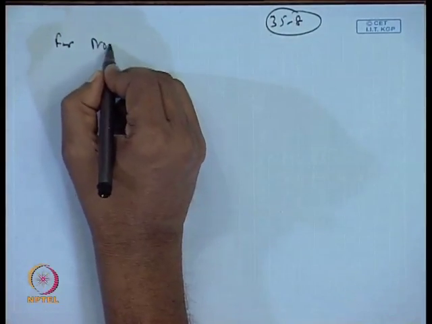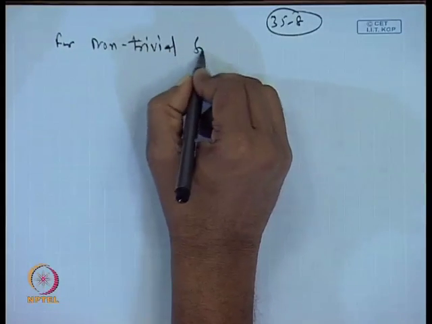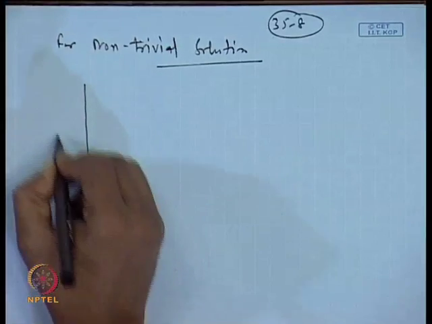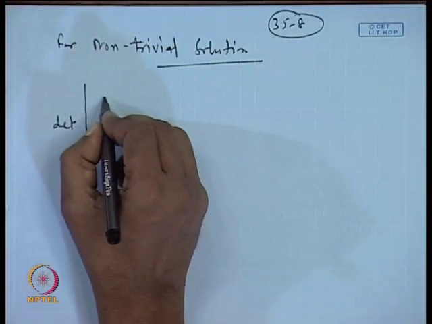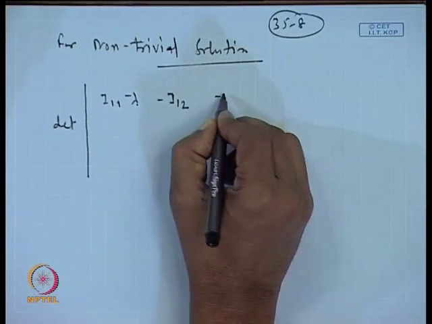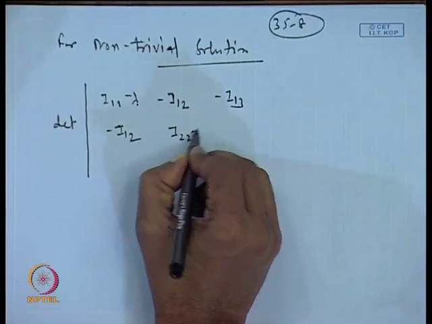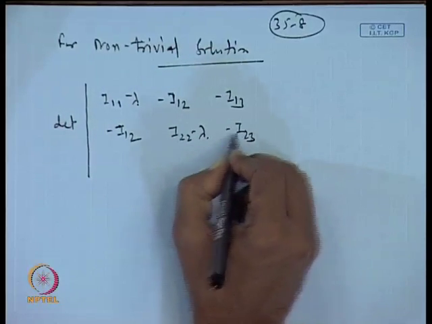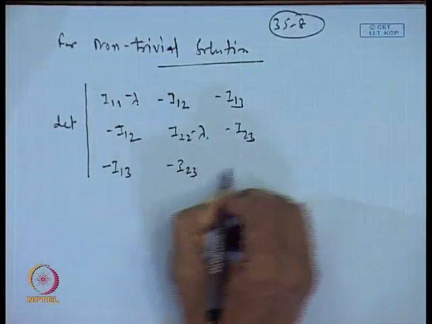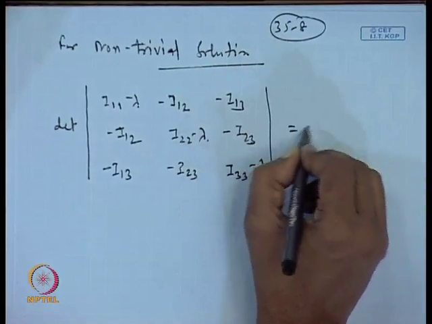Now, for a non trivial solution, the determinant of I 11 minus lambda, minus I 12, minus I 13, and so on, must be equal to 0.